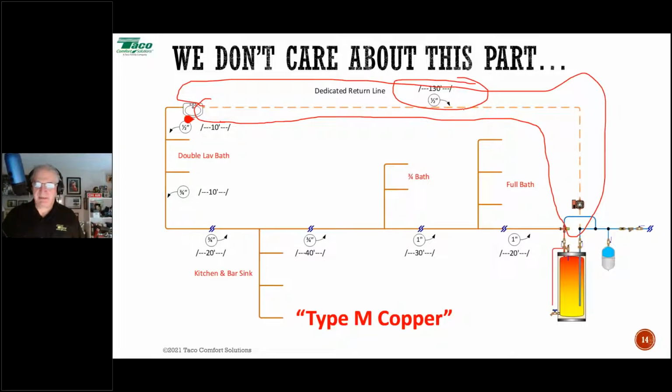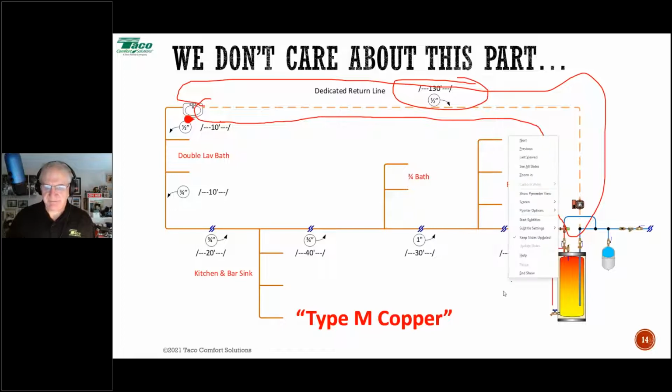That's the part we care about. That's the part we want to keep at. If it's copper, 1.6 GPM. If it's PEX, 1.1 GPM. That's the only part we care about. The distribution piping, we have our maximum velocities for fixture delivery, and that's all pipe sizing. In terms of worrying about what that circulating pump will do, we care about the dedicated return line, and that's the only thing. So good.